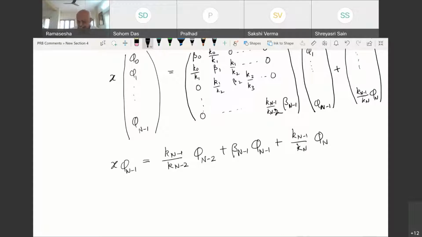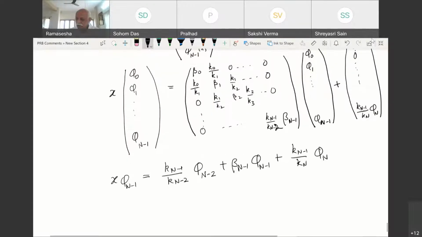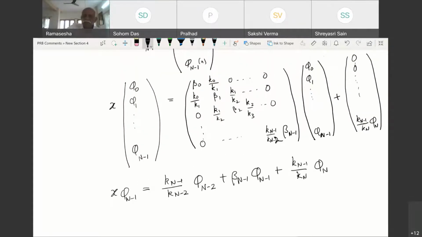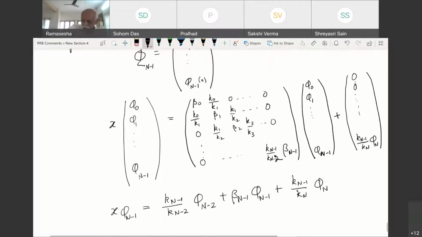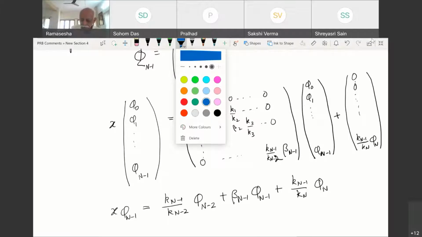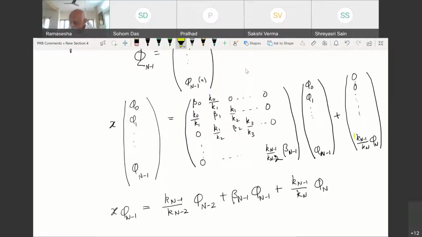Look at any other equation, because all these are zeros. This part that I am looking at only adds to the last equation. For all the other equations, 0.